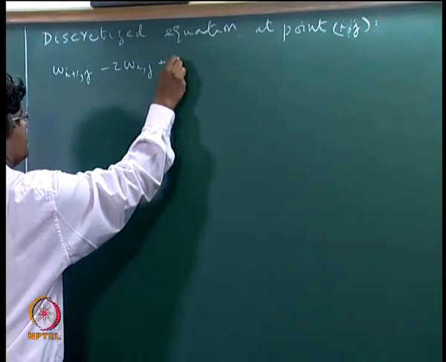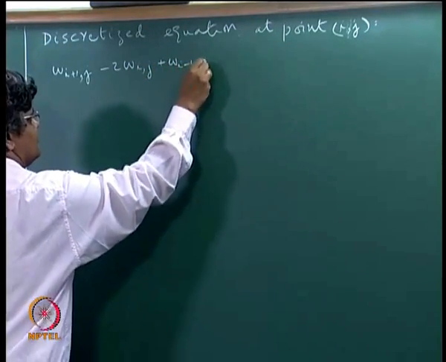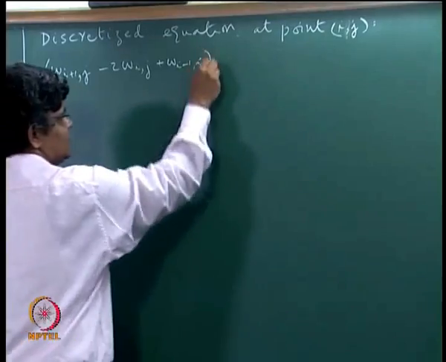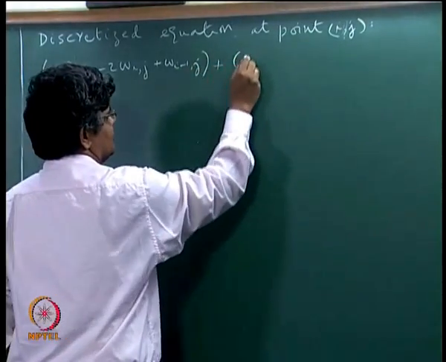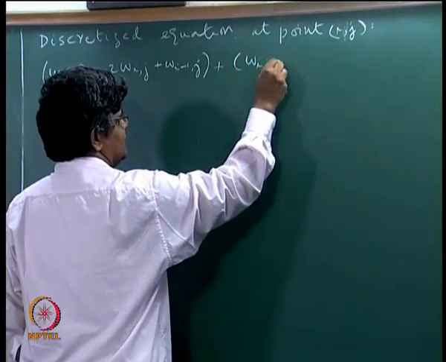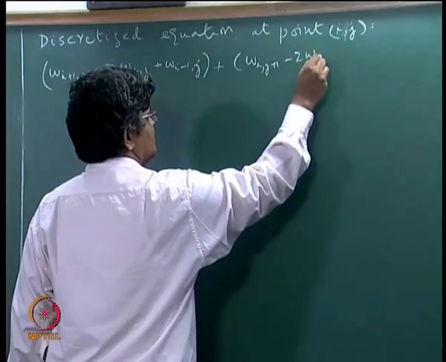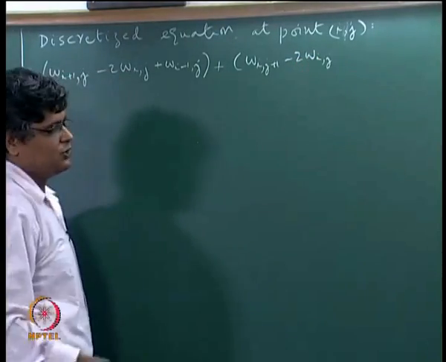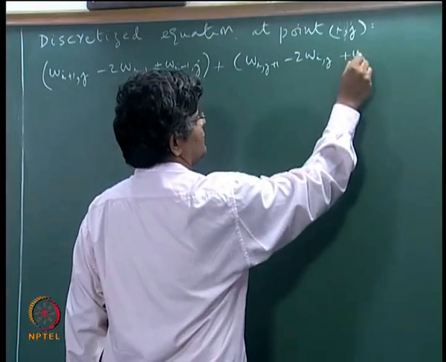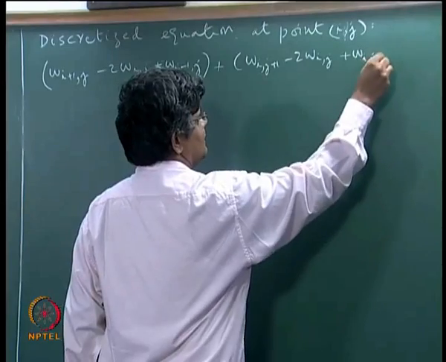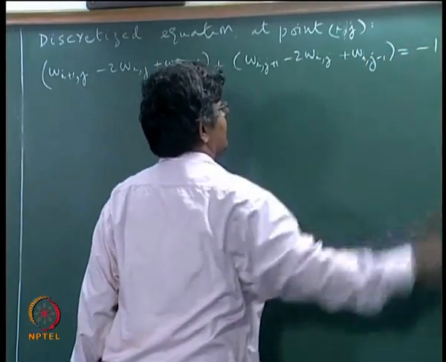W(i+1,j) plus W(i-1,j) plus W(i,j+1) minus 4W(i,j) plus W(i,j-1) is equal to -1.